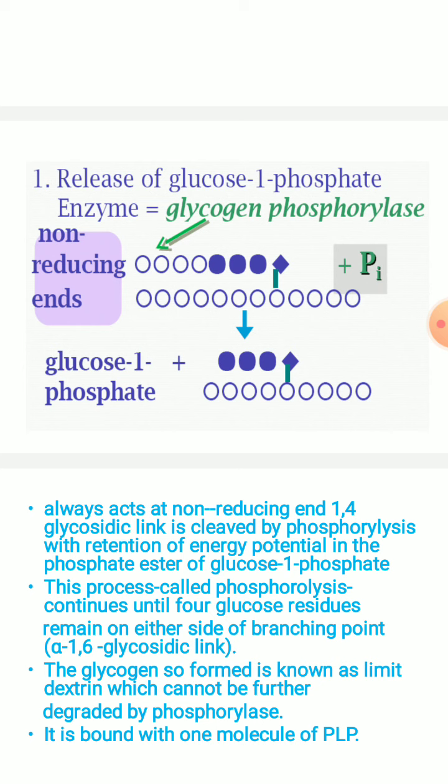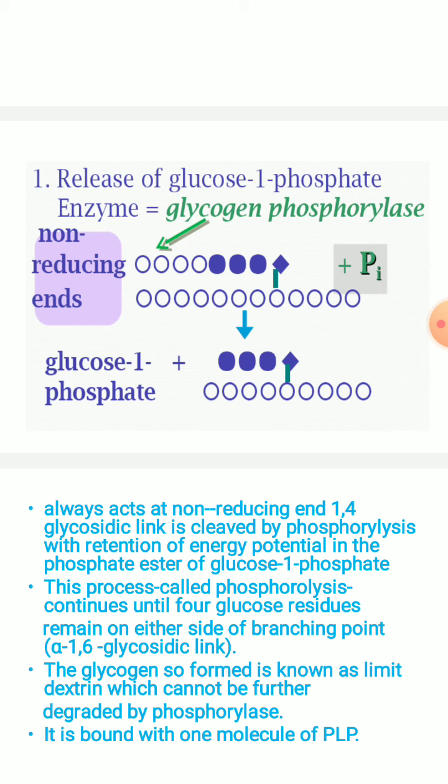So this enzyme always acts only at the non-reducing end, where the 1,4 glycosidic link is going to be cleaved, and this particular process happens by phosphorolysis. That process is referred to as the phosphorolysis mechanism. You can make out the inorganic phosphate is going to be present here. So you can see here, right?